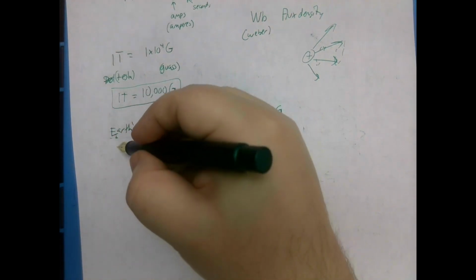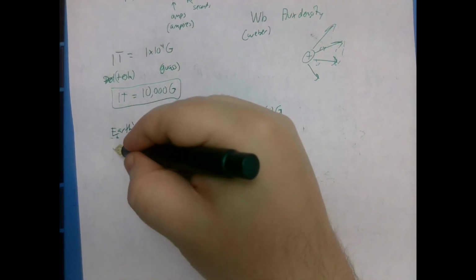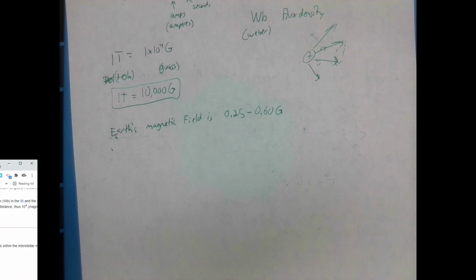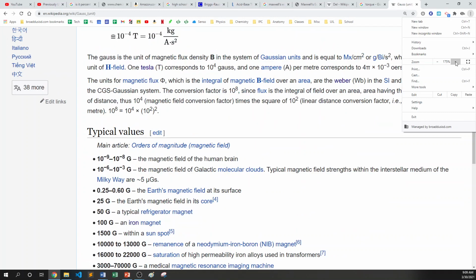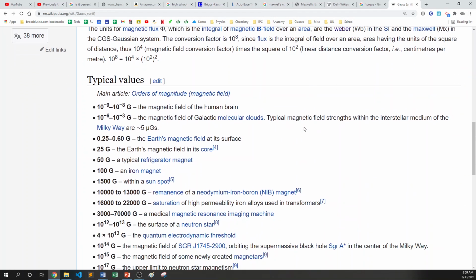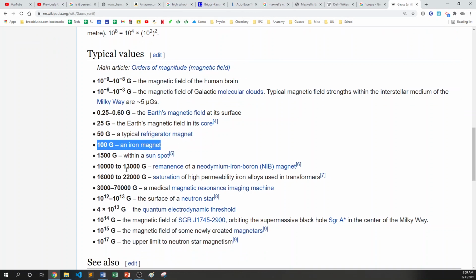A refrigerator magnet, I'll just actually, so we're going to be dealing with Tesla, but most of anything you encounter is going to be Gauss level. I don't want to put all those zeros. You can convert between them. A typical refrigerator magnet, 50 Gauss. An iron magnet, 100 Gauss.